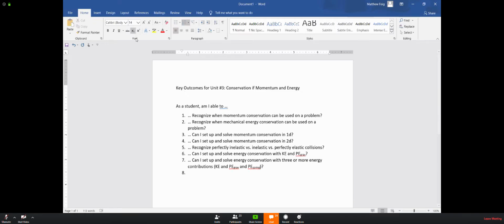But another version of this would be KE1 and KE2 and PEG1 and PEG2. Okay, so that's one example that we've seen a couple versions of.